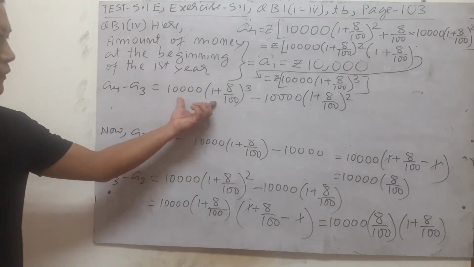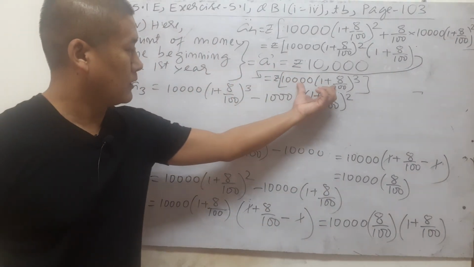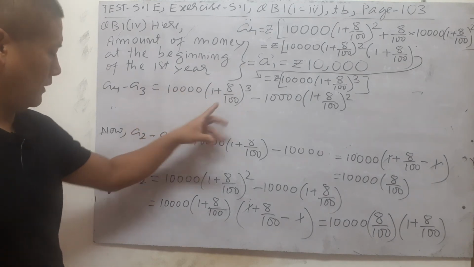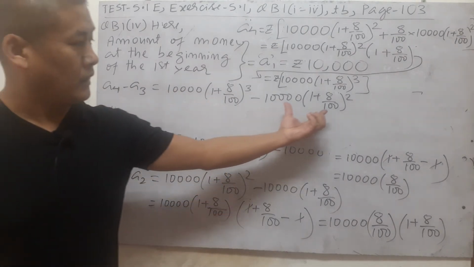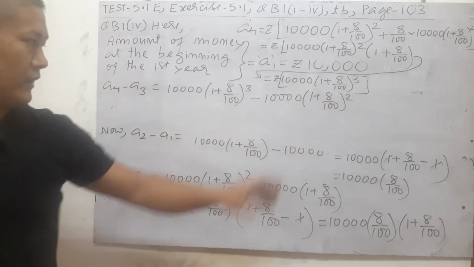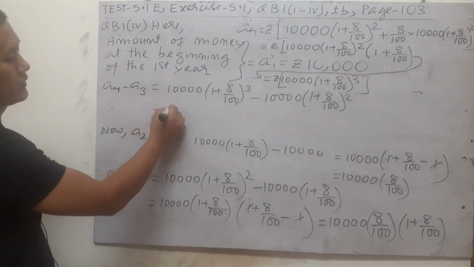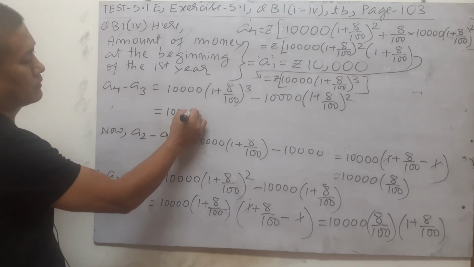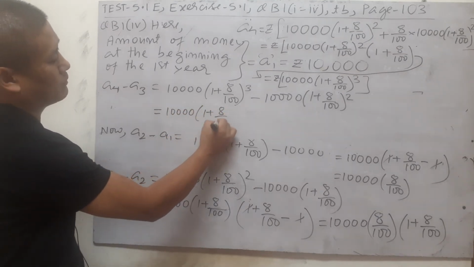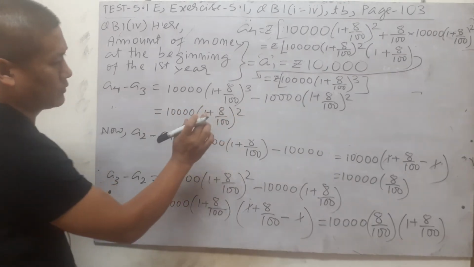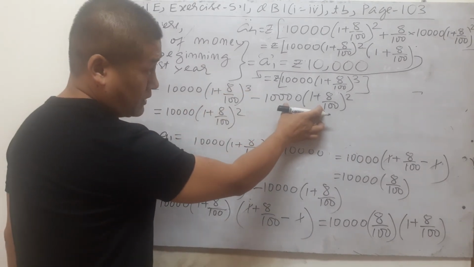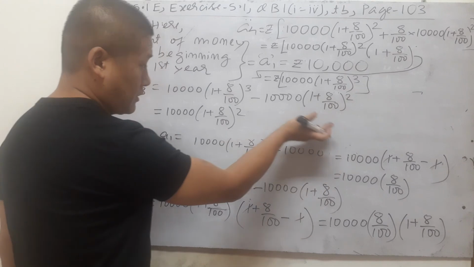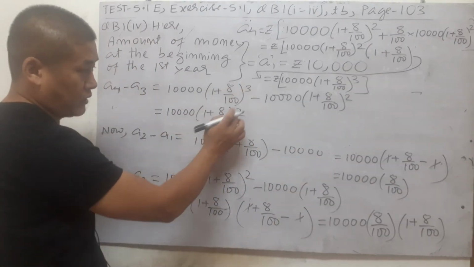Right, this is A4, as you can see here very clearly, minus A3, I took it from here, A3 here. See that in your notebook it is the same, right? Now take out your common factor, 10,000 into (1 plus 8 by 100) square will be the common factor, because in 10,000 into (1 plus 8 by 100) cube and 10,000 into (1 plus 8 by 100) square, the lower power, the square, will become the common factor.